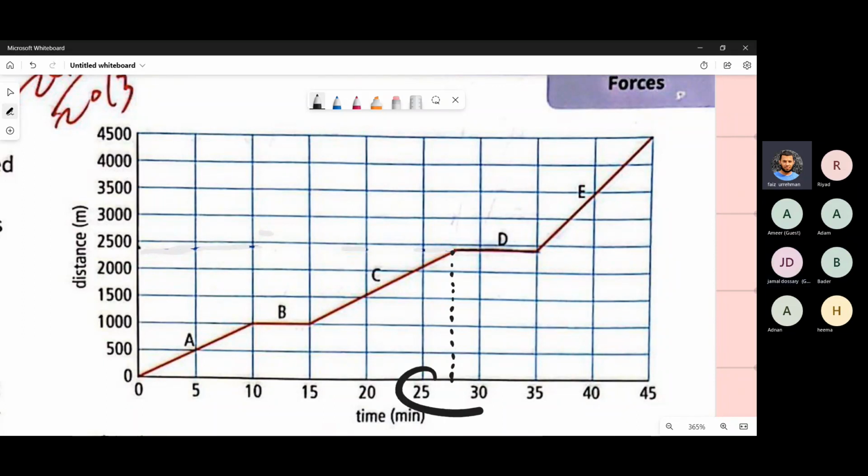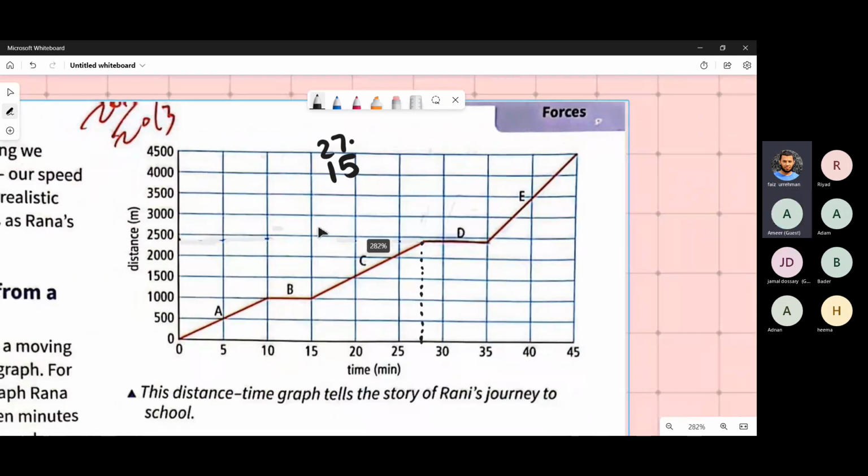How? Because it is the middle of 25 and 30. So from 15 minutes, he traveled all the way to 27.5 minutes.